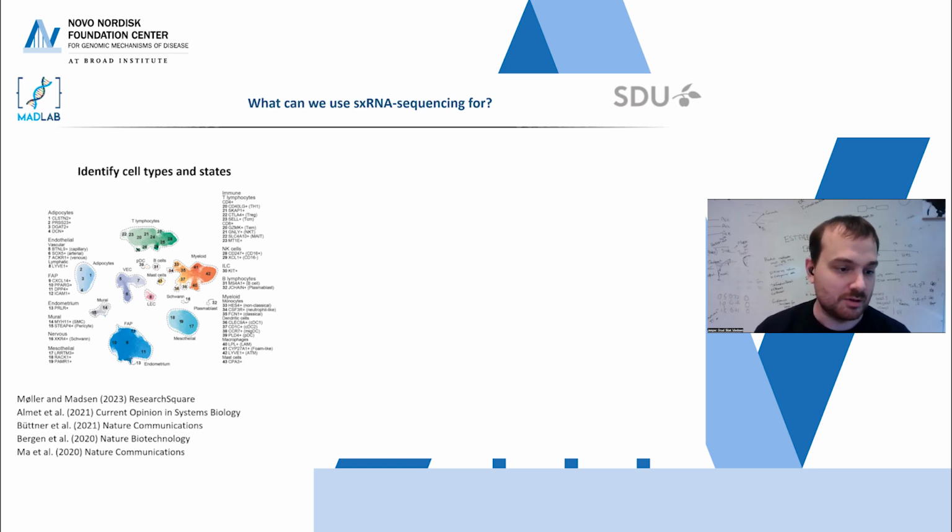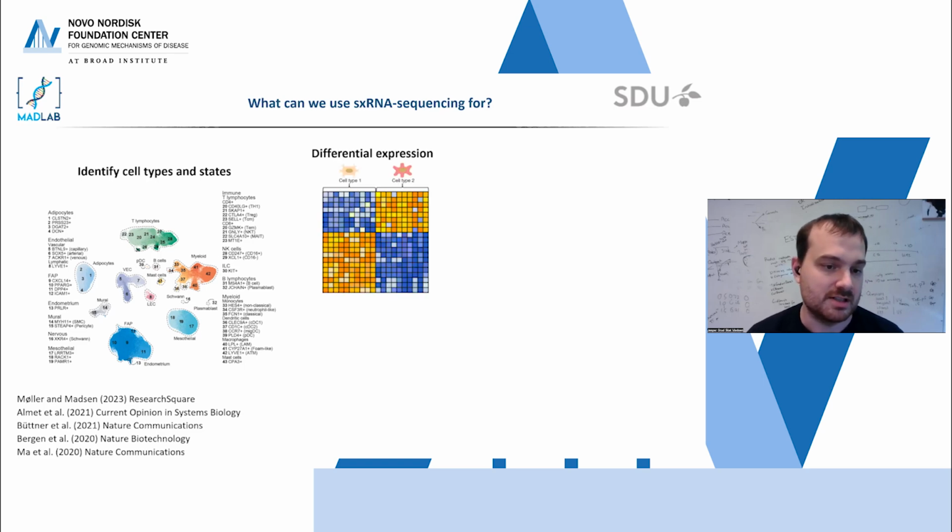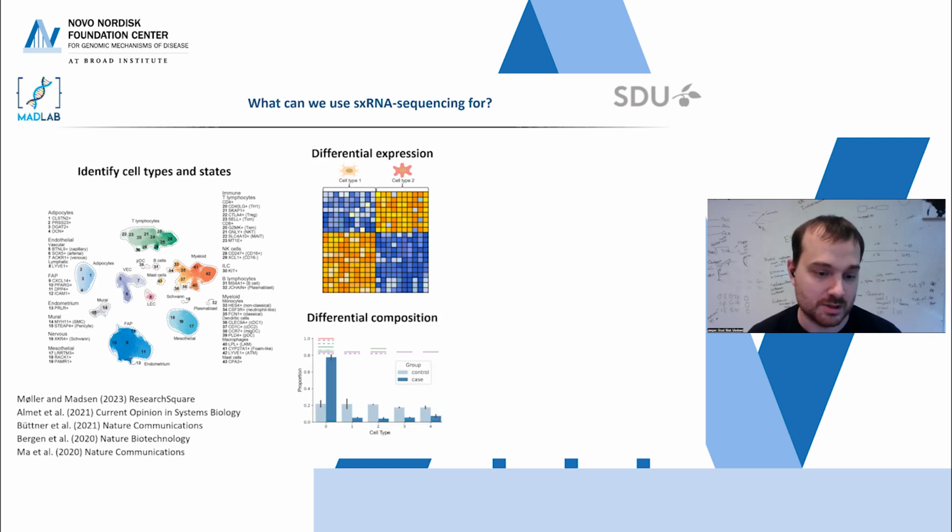Then we can do what we could call primary analysis. We can do differential expression analysis to compare different states or different cell types. We could also have some covariates in here that could be, for example, different donors, and then we could compare cells within cell types across donors. Similarly, we can do differential composition analysis, asking if the composition of the tissue is changing across case control studies, for example.